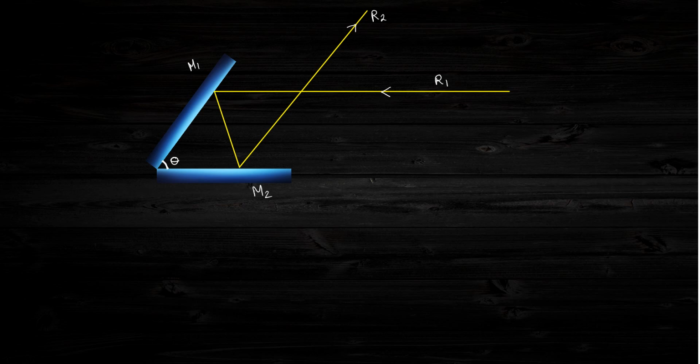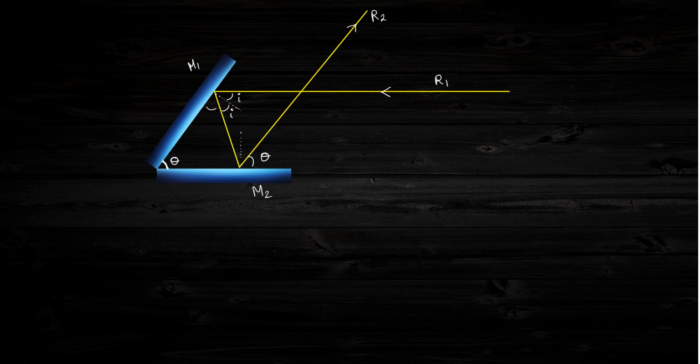So let us say we understand that this is a normal and this is a normal. We understand that R2 is parallel to M1. That means if this angle is theta, by corresponding angles, this angle is also going to be theta. The angle of incidence, let us say, is I. The angle of reflection is also I in that context.